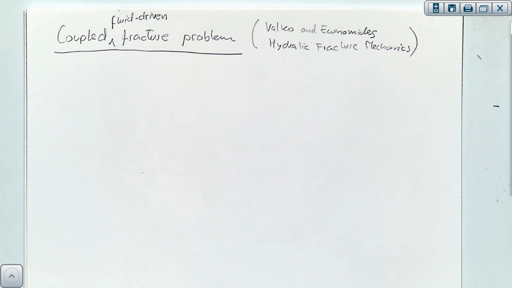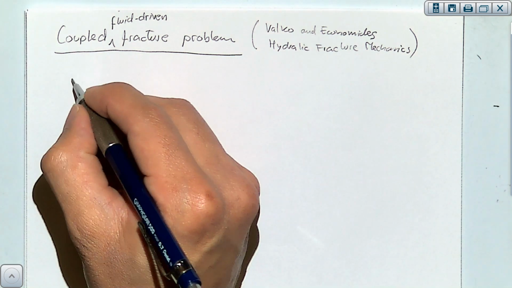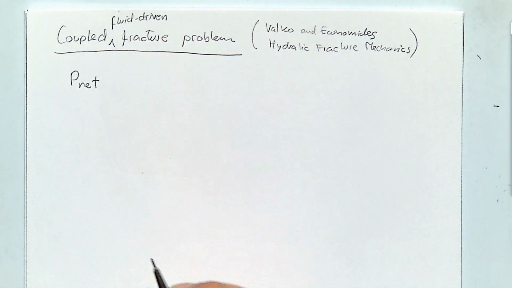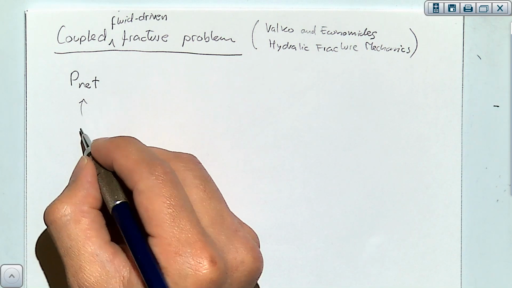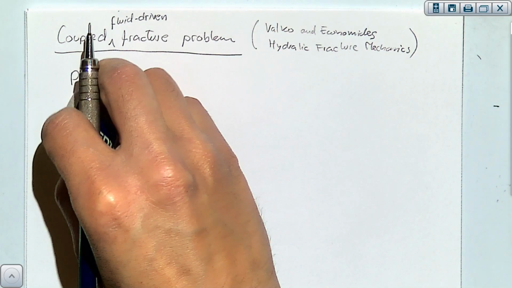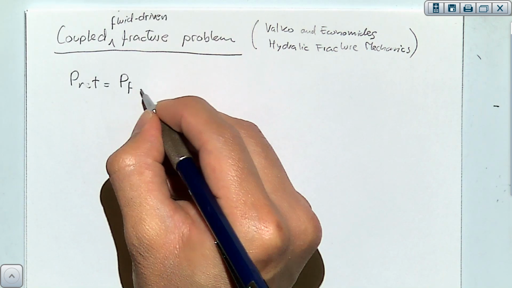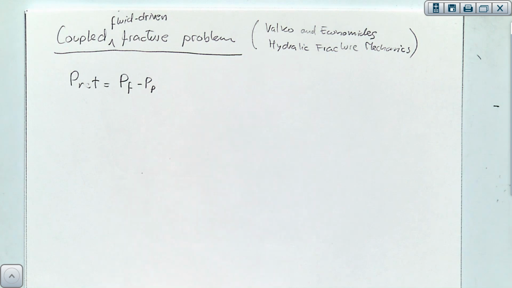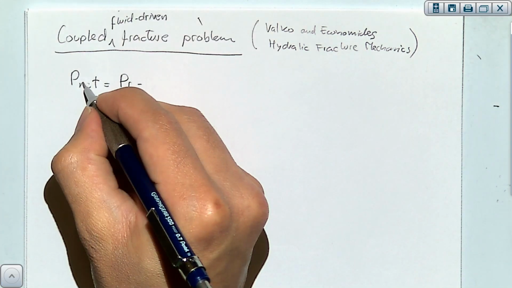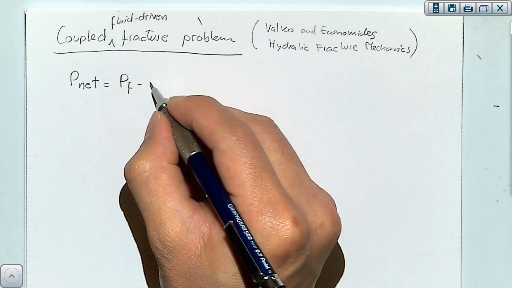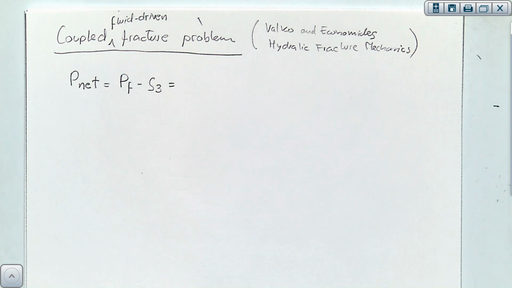And in essence, what a few chapters of this book tell you is that the net pressure, defined as the pressure in the fracture minus the pore pressure, minus the minimum principal stress, is going to depend basically on three things.